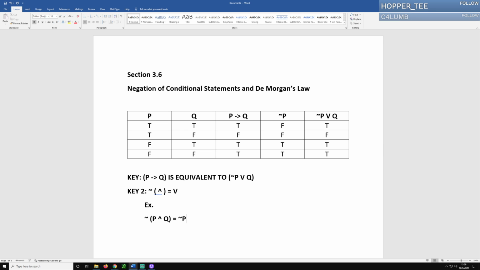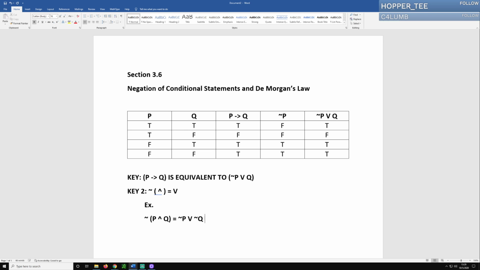So we have not P, but then we swap the and with the or, not Q. This is one of those rules that we certainly have to follow. You might ask, where do I get that from? Well, here it is, bam.